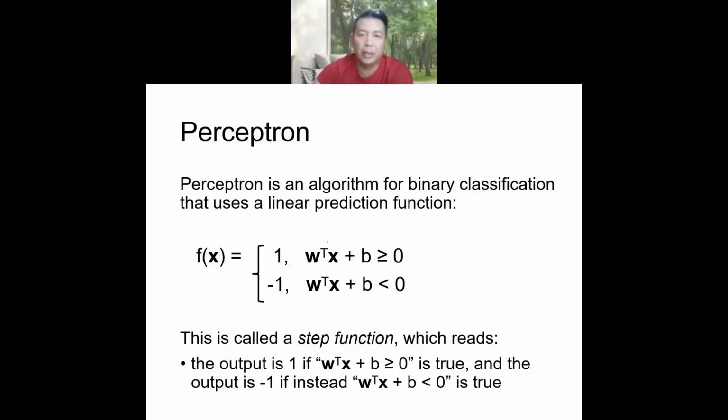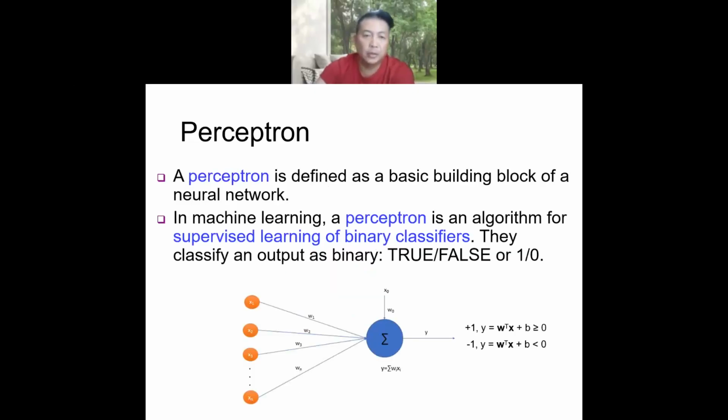So go back to the basic one. We say that if the value is greater than or equal to 0, then it belongs to class 1, or the positive class. If less than 0, then we say that they belong to the negative class. If we try to relate this to the neuron, this is your input here, and we have all the weightage here.